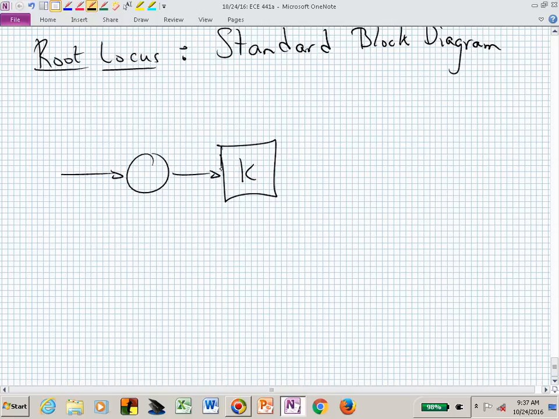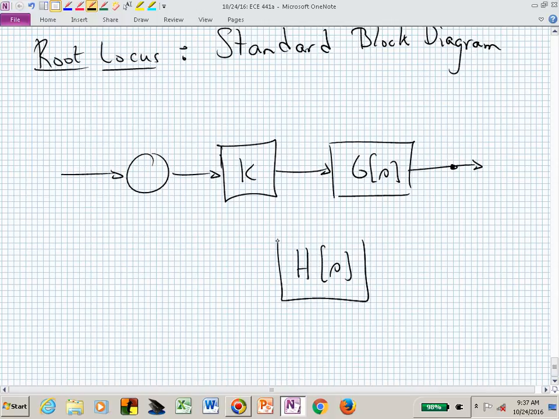But now we're going to isolate the gain k. We want the gain k to be by itself. That g of s might encompass poles and zeros of your controller and the plant. And then we could have an h of s influencing the dynamic behavior in the feedback.